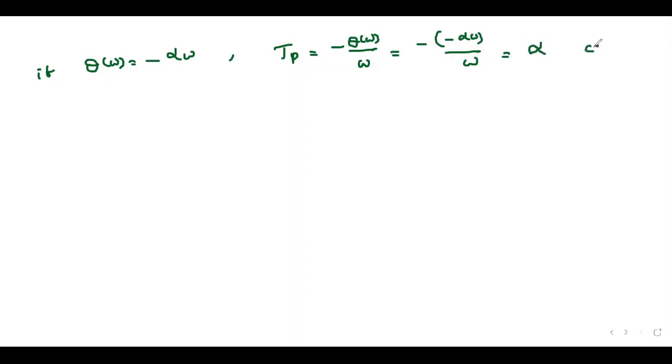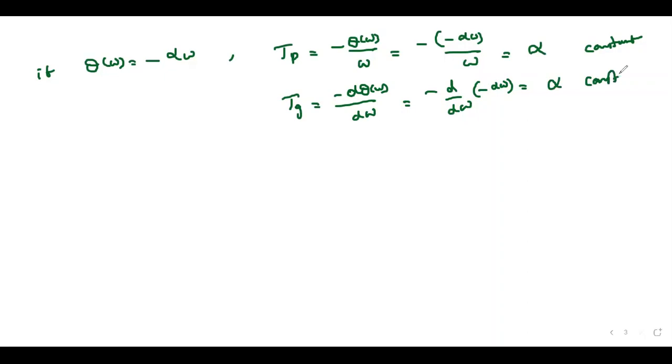It is a constant slope of the response curve. Similarly, what about the group delay at this point? It is minus d by d omega of theta of omega. This is equal to minus d by d omega of minus alpha omega. This is equal to d by d omega of omega, which will be 1. So minus of minus alpha is equal to plus alpha. So it is plus alpha, constant.